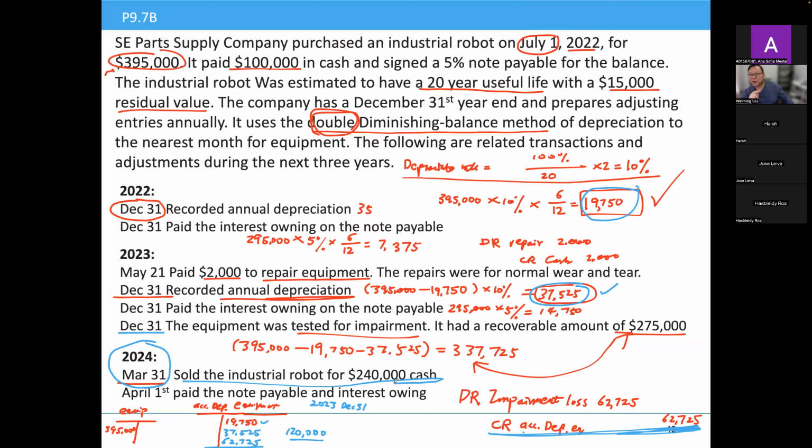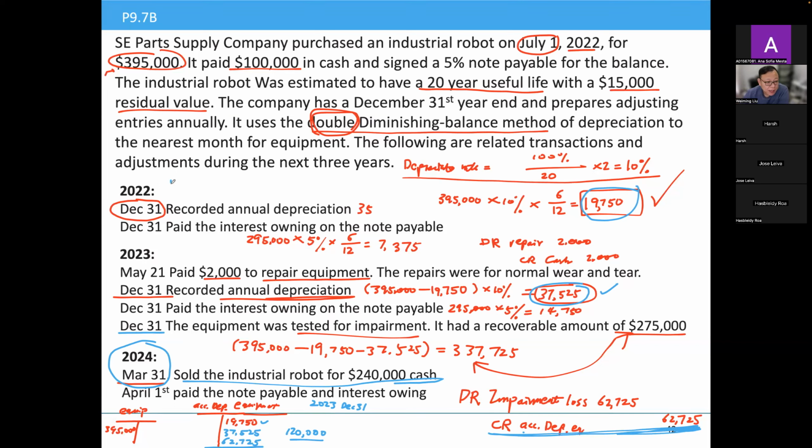This part is important. Students often forget about this. What is the first step? To update the depreciation. Yeah, thank you. That's absolutely correct. So I need to update the depreciation.